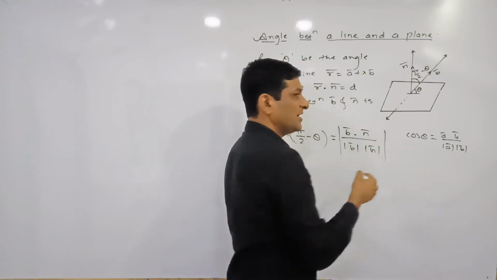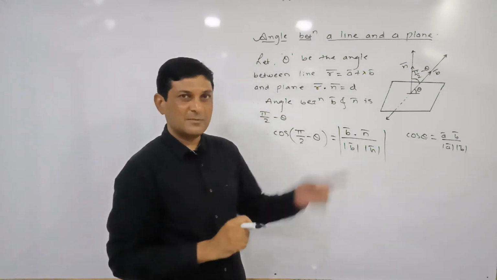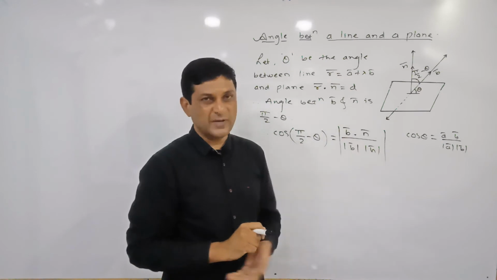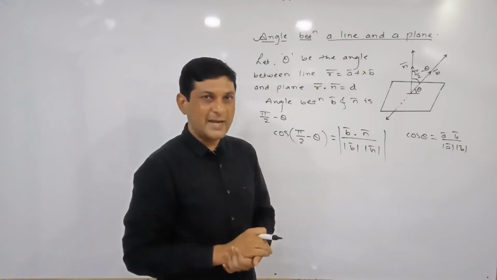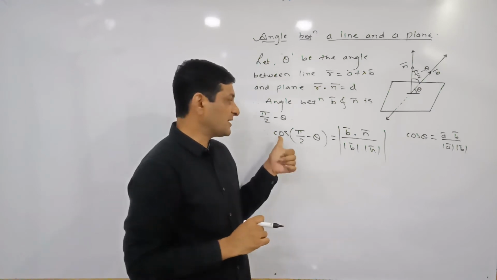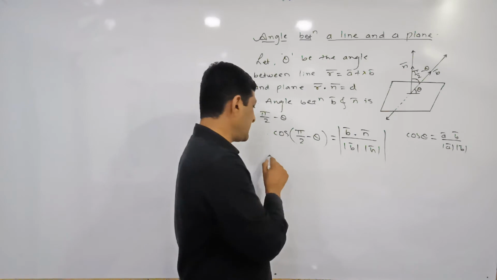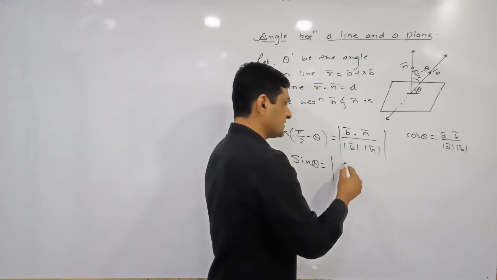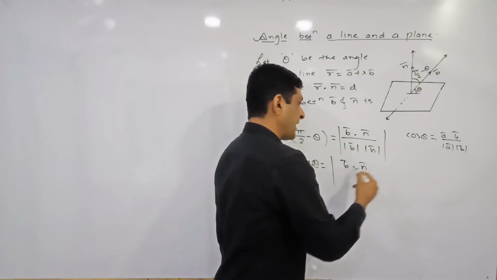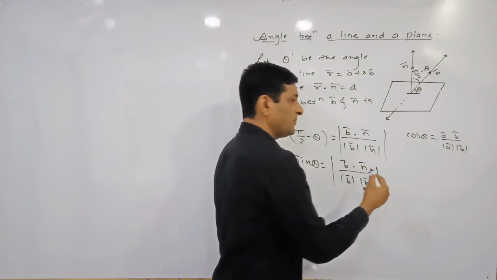And if you put mod here, our interest is to find acute angle between these two vectors. But in trigonometry, we have studied allied angle formulas, and our formula says that cos of pi by 2 minus theta is equal to sin theta, and on this side b bar dot n bar upon magnitude of b bar into magnitude of n bar, keep it as it is.